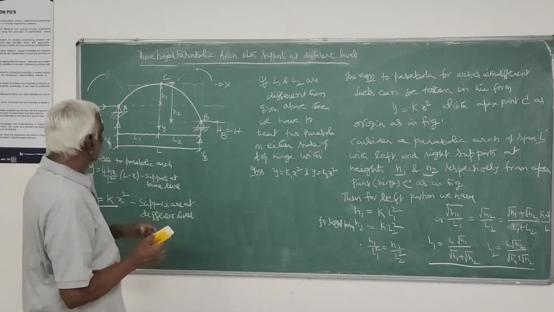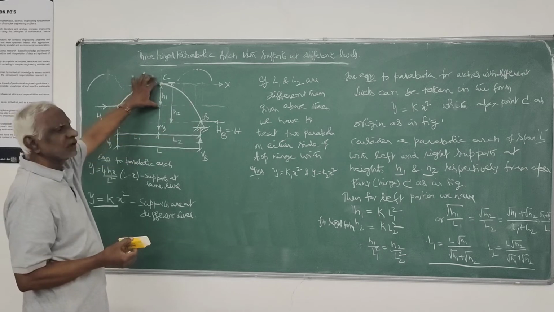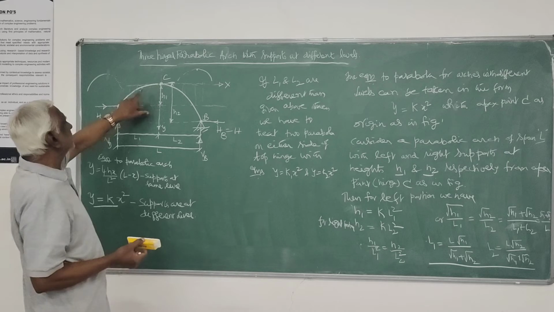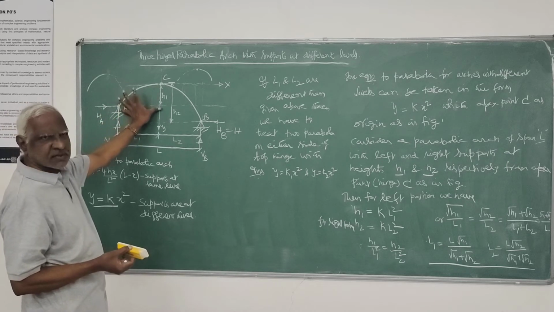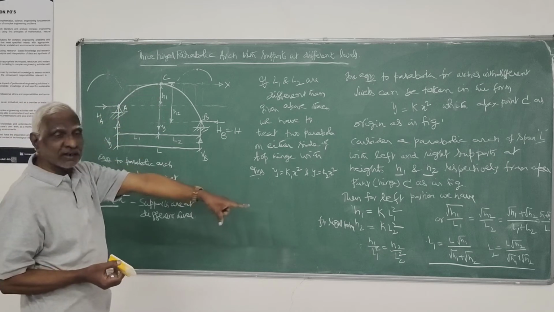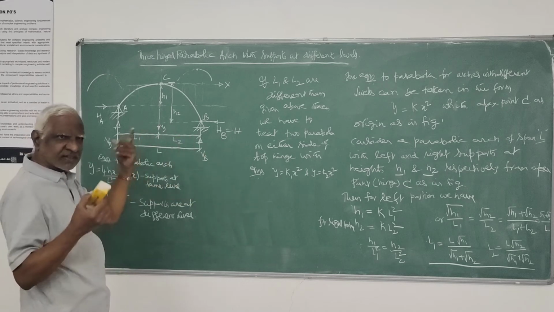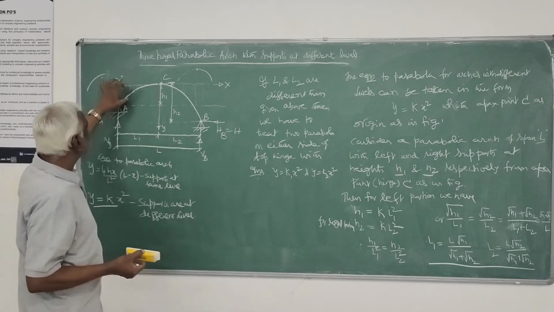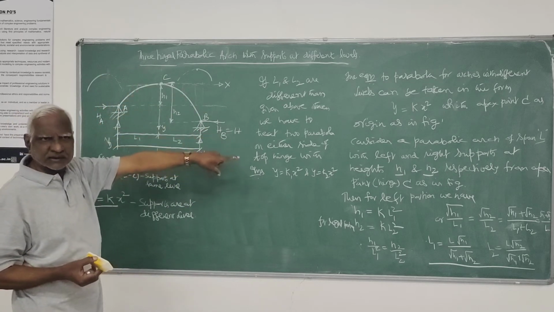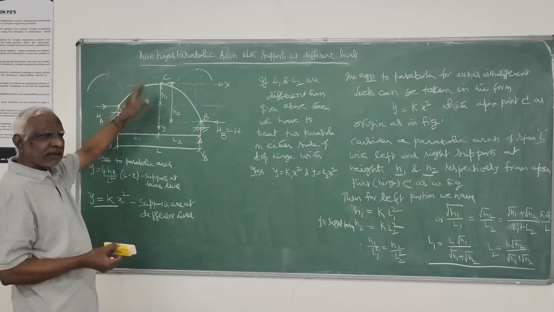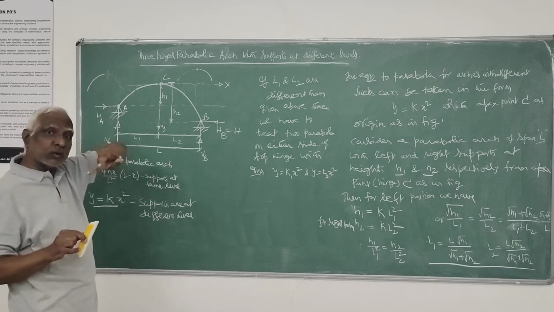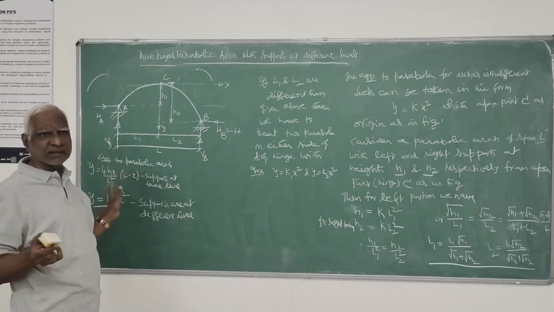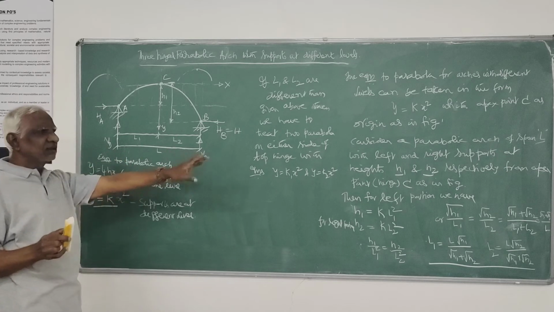Different constants. So first calculate k1 using y1, that is H1, equal to k1 into whatever the span is. It is not exactly the L1 you got. If it is different, then you have to work out k1, k2 separately, and you have to work out the ordinates at any given point using this equation with k1 and k2, two different values. Otherwise, you can use one constant k. That's all.